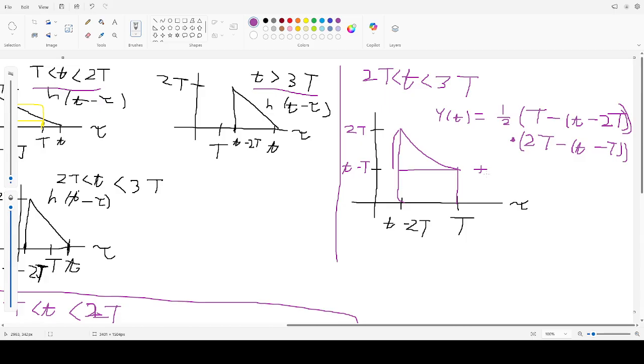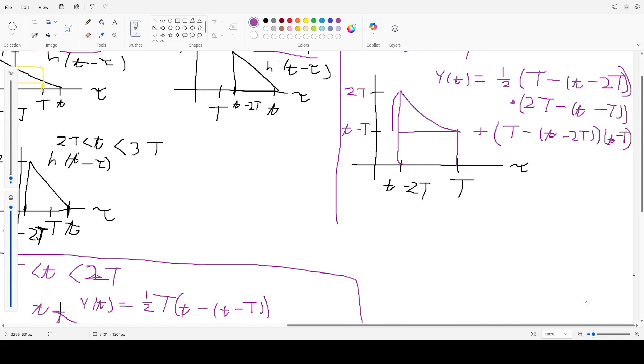Then plus the rectangle. The base is big T minus little t minus 2 big T, times the height, which is little t minus big T. And that looks way more complicated than it is, but we'll just simplify this out one step at a time.